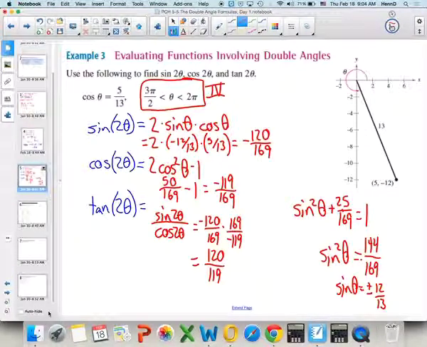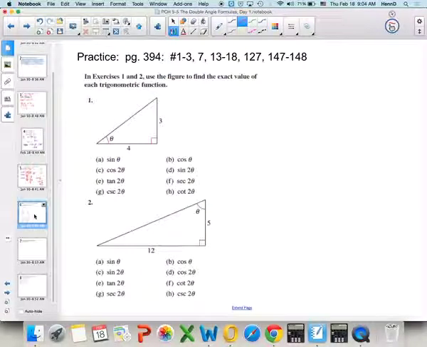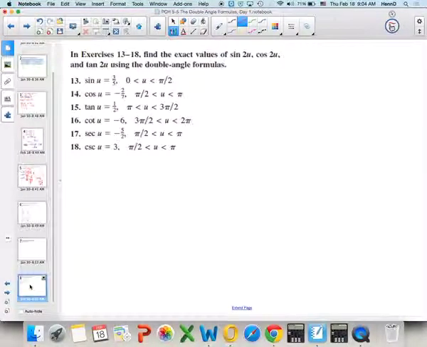Now, if you looked at the Sunday post leading up to today, I did make some slight modifications in what problems I'm having you do for tonight. It's actually fewer, okay, than I originally had on there. All right. I'm only having you do up through 15 right here.